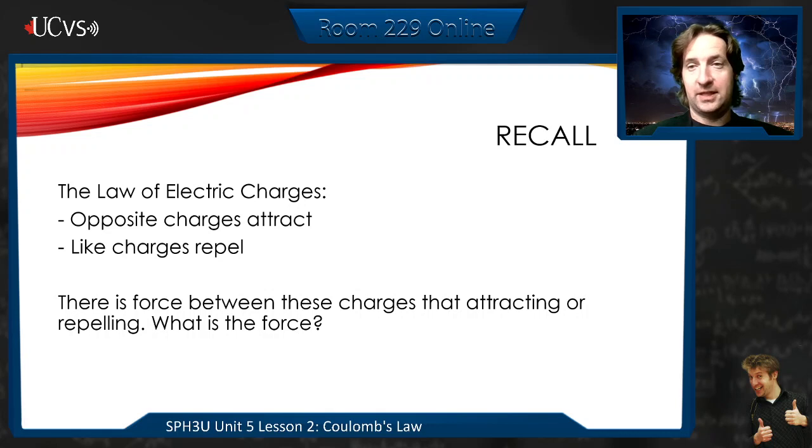That was quite simply that if charges are opposite each other, then they're going to attract. And if they are alike, the same, positive, positive, negative, negative, they're going to repel, fight each other. There's going to be a force against each other. If they're the same, they repel. If they're the opposite charge, they attract.